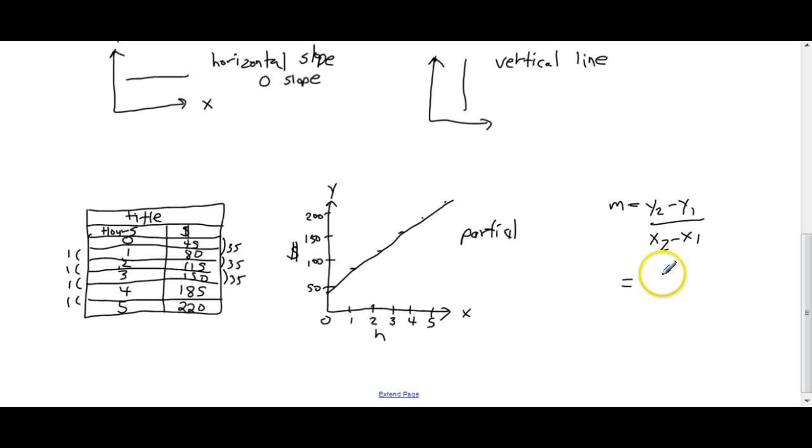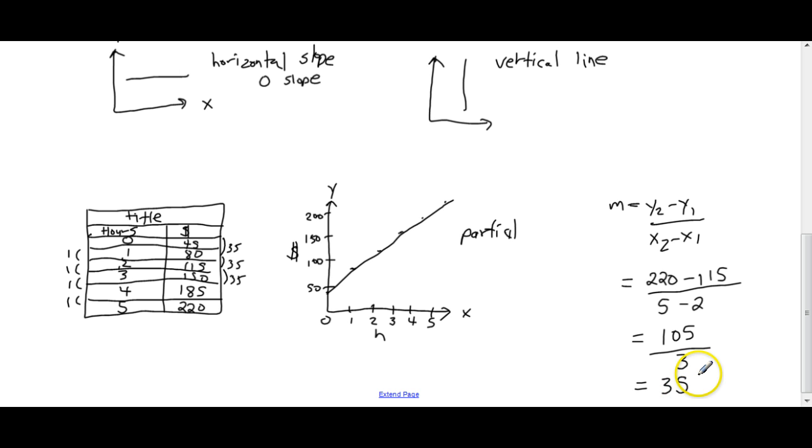Okay, so I will take my y2, 220, subtract 115, divided by 5 hours subtract 2 hours, is equal to 220 subtract 115 is 105. 5 subtract 2 is 3, and 105 divided by 3 is 35.